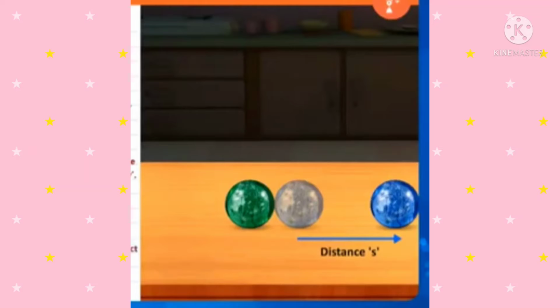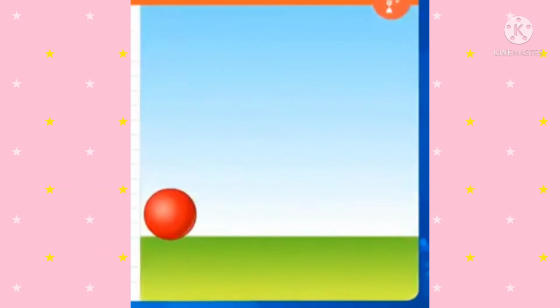Kinetic energy is equal to the work done on the object. So we can write kinetic energy is equal to F into s. Understood? Expressions for kinetic energy.